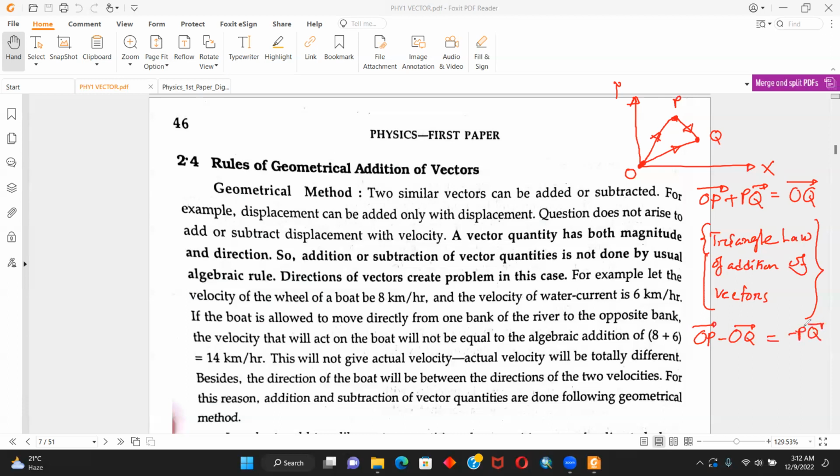Sorry about that. So if we multiply by minus 1, it turns into the OQ vector minus the OP vector equals the PQ vector. I hope you understand, right? Let me just write it down. Okay, good. Write that down.